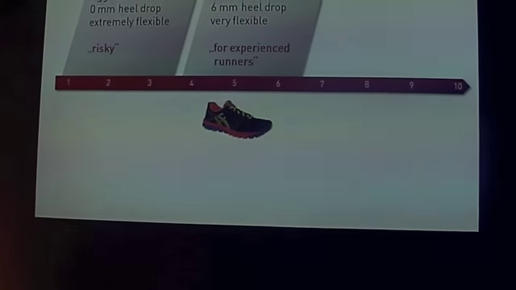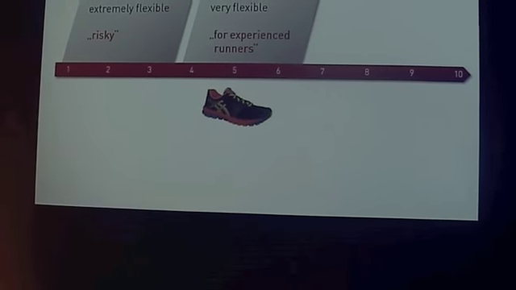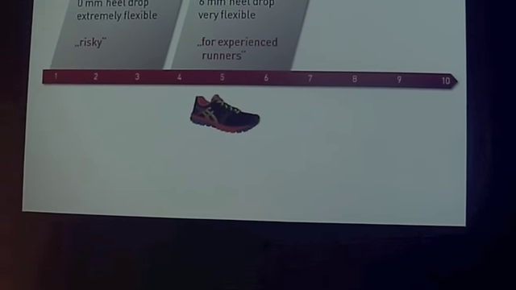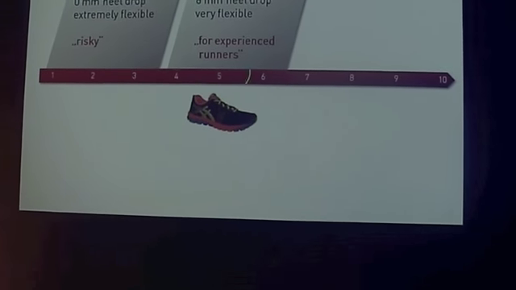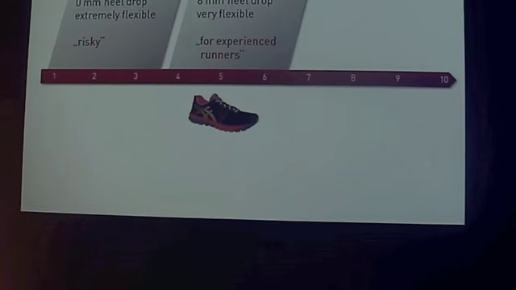There are these advanced shoes, I call them advanced shoes, like the shoes I'm wearing at the moment, with a 6 millimeters heel drop, which is half of the normal heel drop you have in a normal training shoe. That's why it's positioned in the middle. And these shoes are very flexible due to flex grooves, and they are for experienced runners.